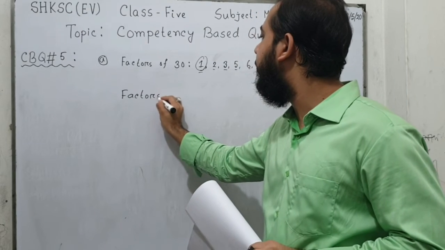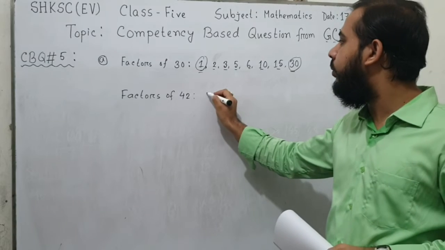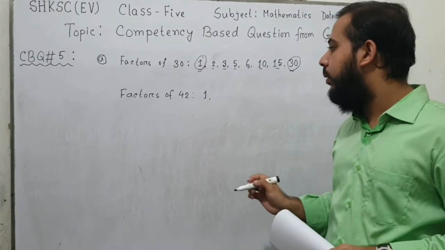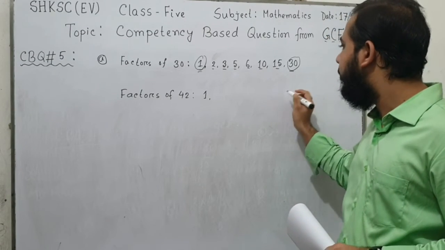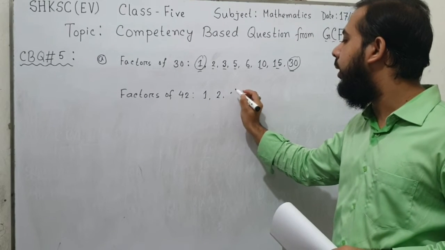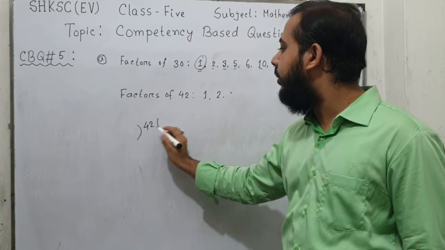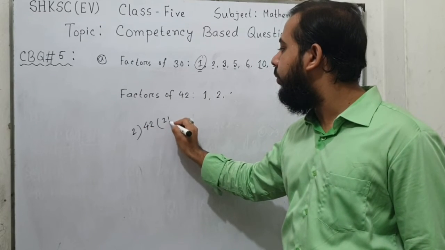Factors of 42 will be 1 and 42, 2 and 21, since 2 twenty-ones are 42.